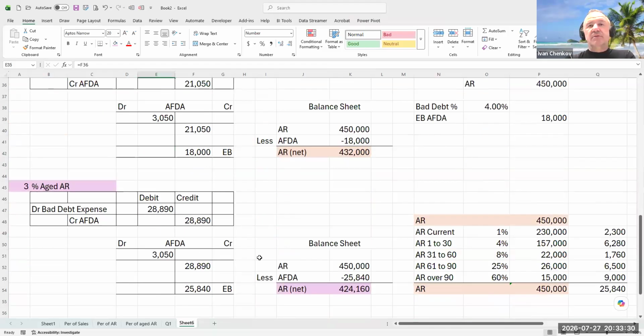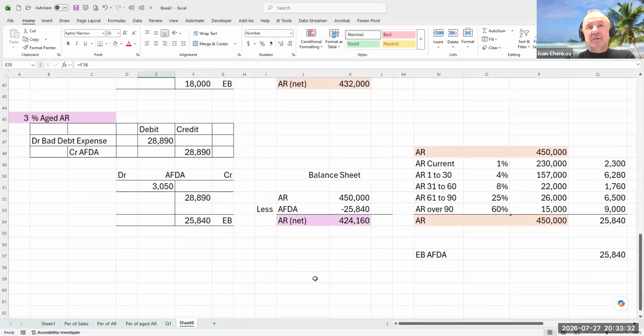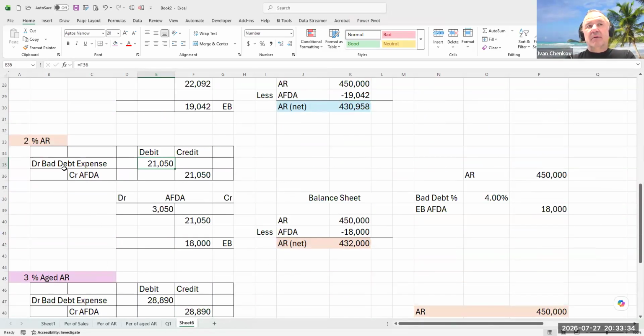And that's how we're solving this type of question. Again, remember, when you have percentage of accounts receivable or aging of accounts receivable, whatever you calculate as the provision will be the ending balance for the allowance for doubtful accounts. Then you have to plug that balance and work out what will be the credit for the allowance for doubtful accounts, and that will automatically be the debit to the bad debt expense.